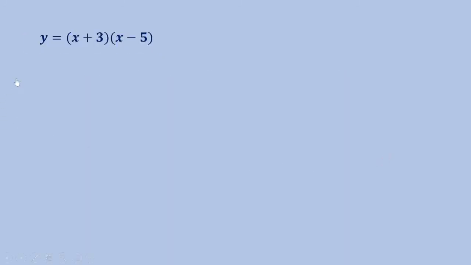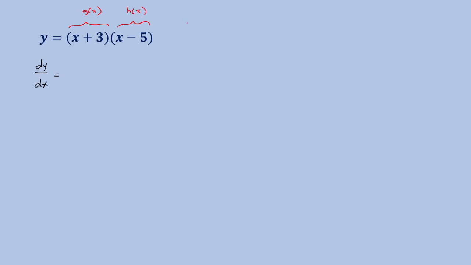Let's say we have the product of x plus 3 and x minus 5. So if we would like to get the derivative of this function, let's say x plus 3 is our g of x, and x minus 5 is our h of x.